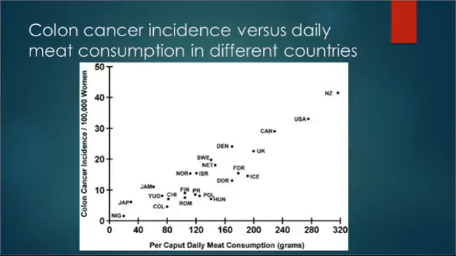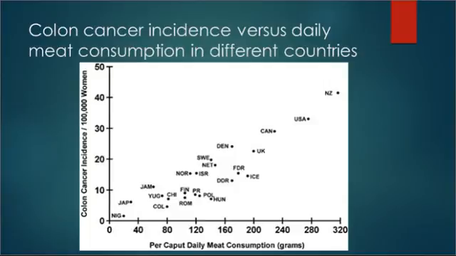This is an example of an ecological study. It's comparing colon cancer incidence versus daily meat consumption in different countries. What you can see from this is that in countries such as Japan, they have very low daily meat consumption amounts, and they also have very low colon cancer incidence rates.